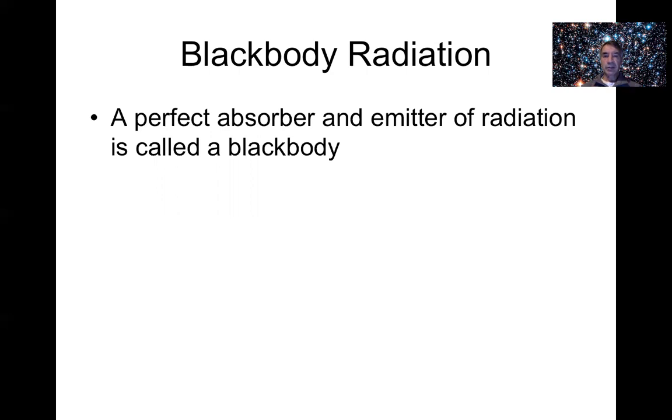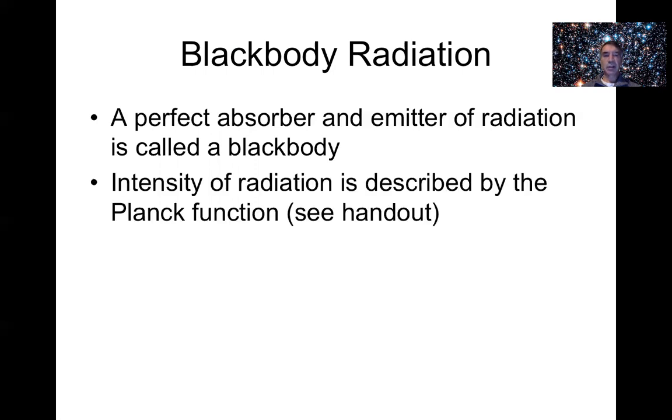So that's, in a nutshell, the idea of black body radiation. And this emerged from quantum physics, and the analytical formula that describes black body radiation is referred to as the Planck function.